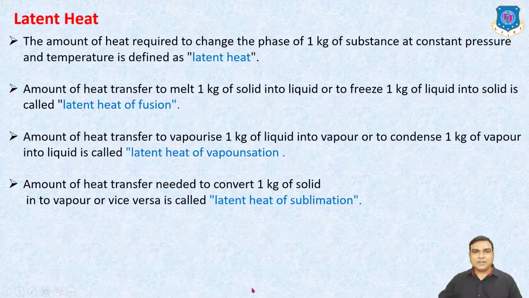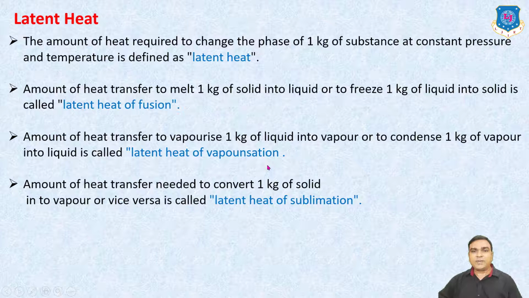Latent heat. The amount of heat required to change the phase of 1 kg of substance at constant pressure and temperature is defined as latent heat. The amount of heat transferred to melt 1 kg of solid into liquid, or to freeze 1 kg of liquid into solid, is called latent heat of fusion.